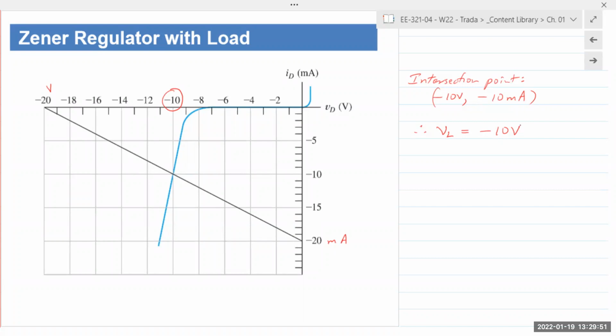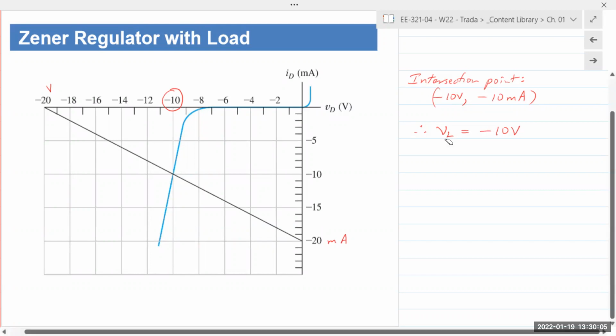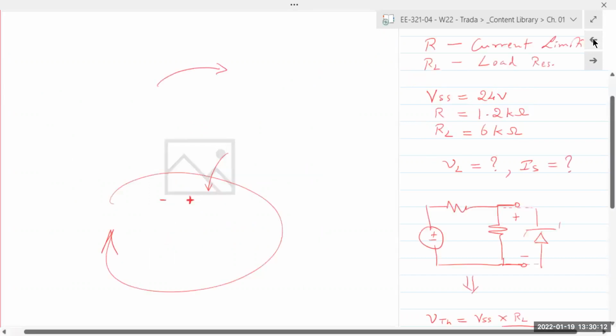Does that make sense? That's load line analysis. Again, same thing that we did for the diode. Now, actually, VL is not minus 10. VD is minus 10.